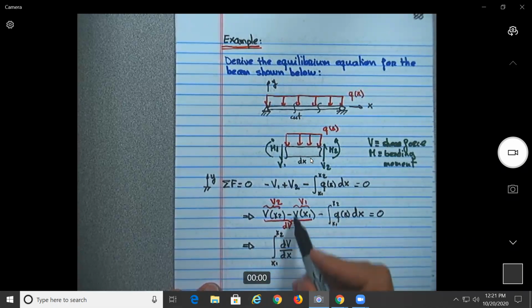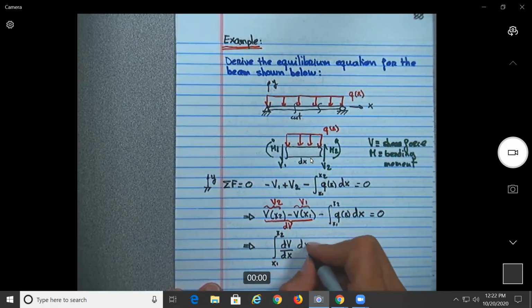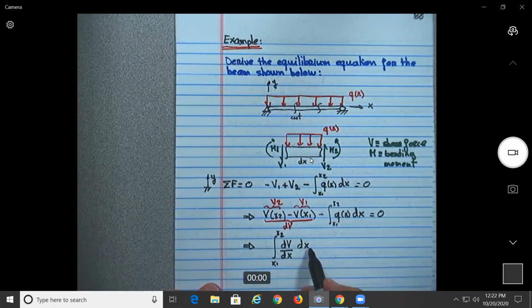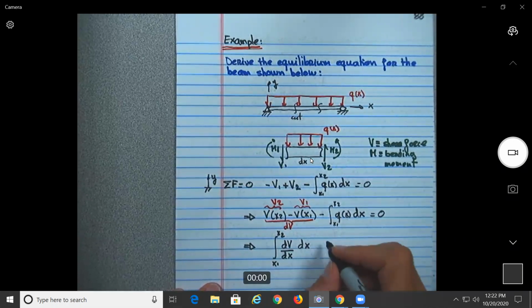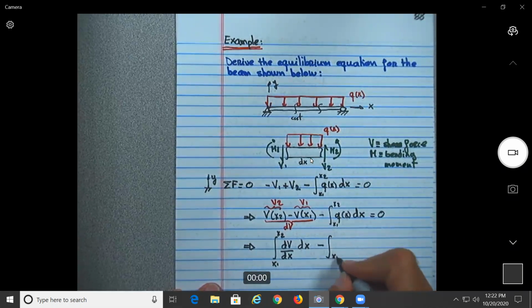So I'm integrating this term, all right? The dx will disappear, it will be dV, okay, for integration. And this should be equal to minus the integral of x1, x2, q of x dx equal to 0.